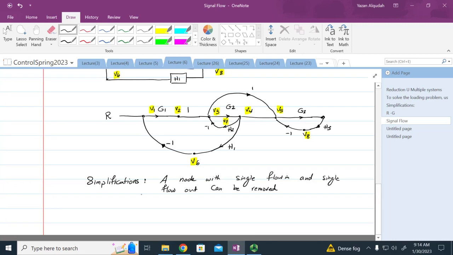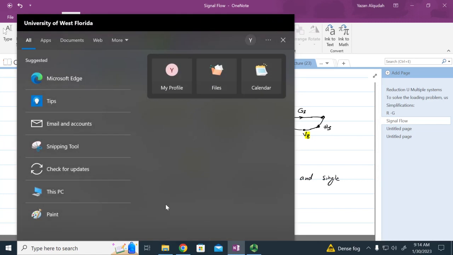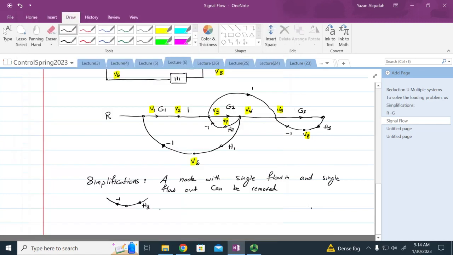So what that means, if I have -1 here, and I have H3 here, I can replace this with just -H3. I have a node that has a single flow in, a single flow out.